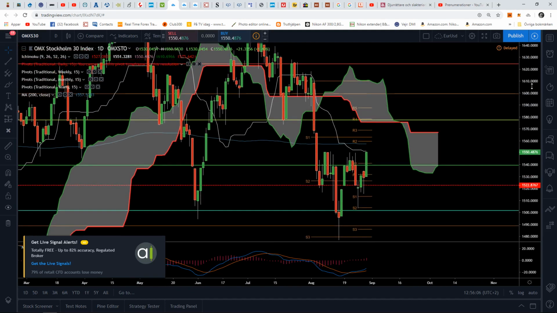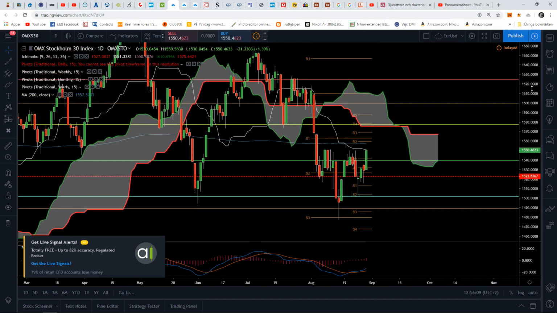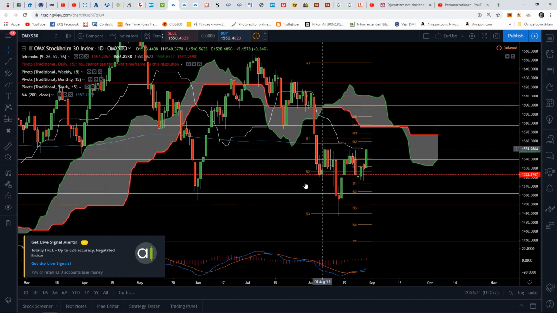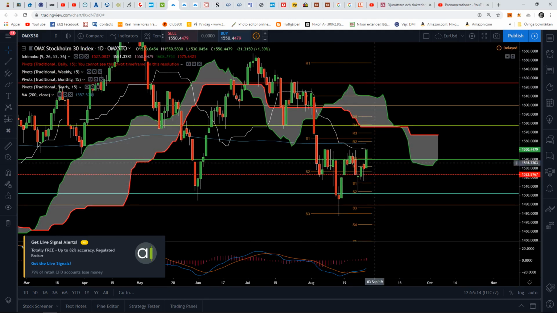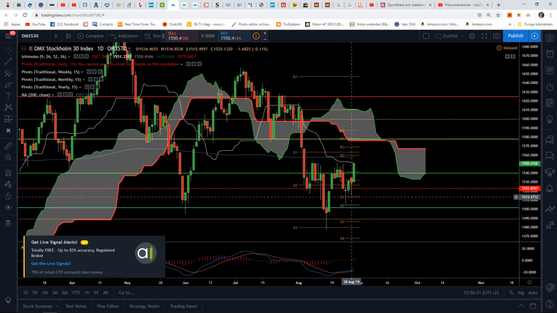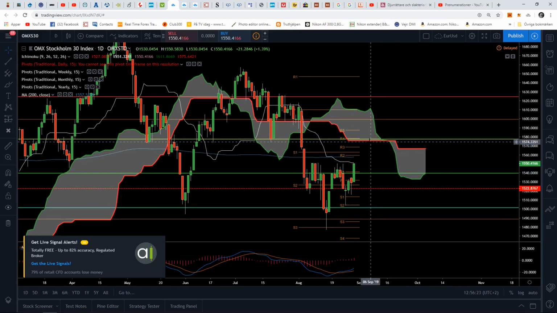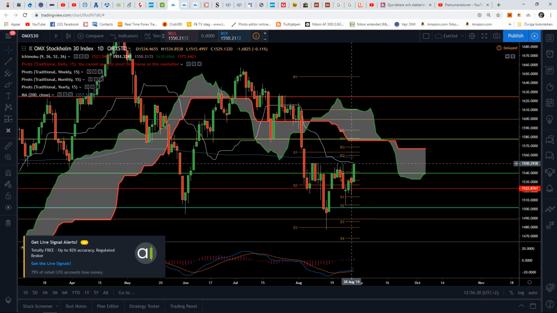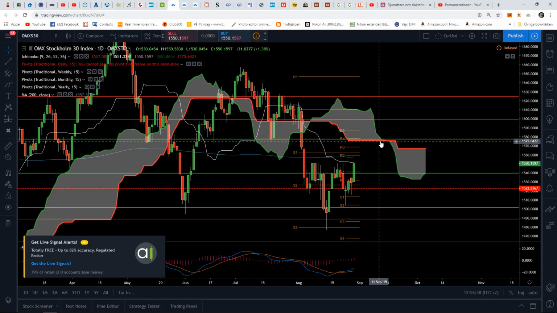It's all signaling that we're in the lower part of this range, and of course we can expect a bounce up towards the cloud here. That's what we're looking at here. Taking out at this level, also taking out the SMA 200 and moving up towards the 1575 level.